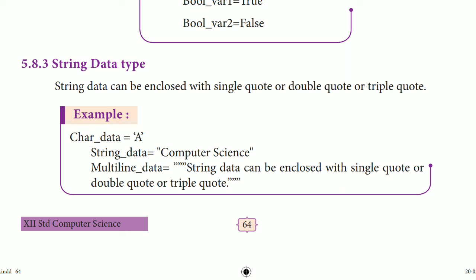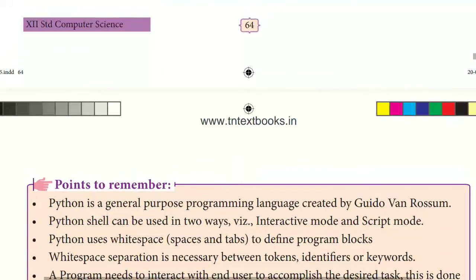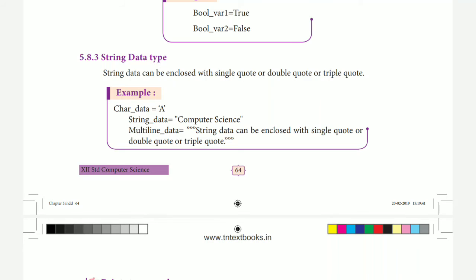Here you can see that a group of letters can be denoted under single quotes or double quotes, or even triple quotes. With this we are finishing this chapter. We'll see the rest of the things in the next class.